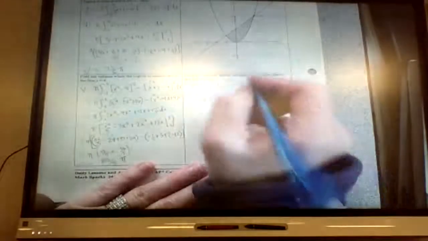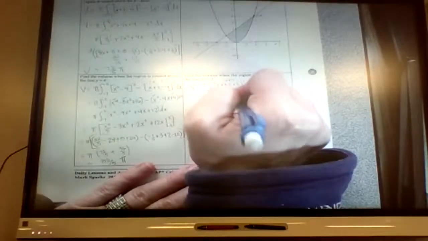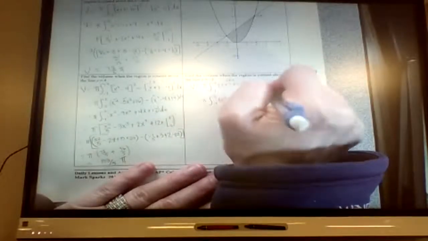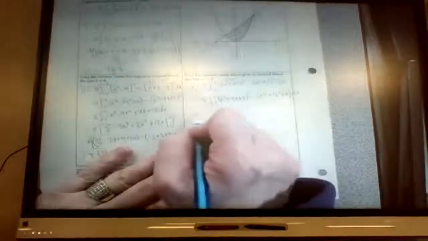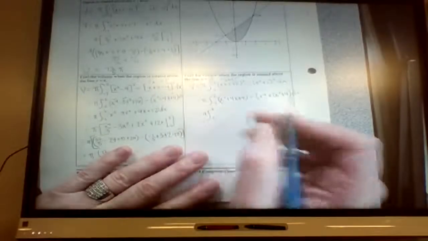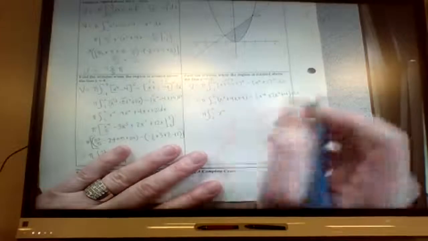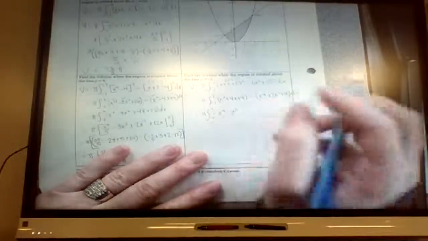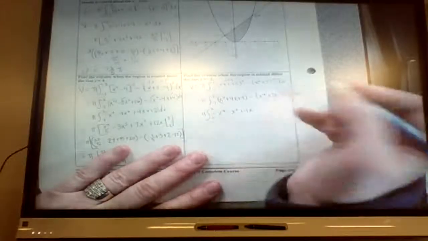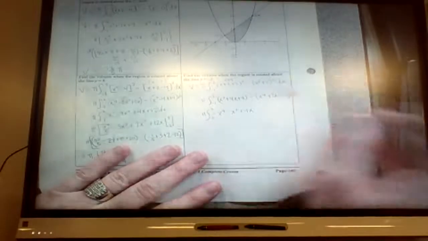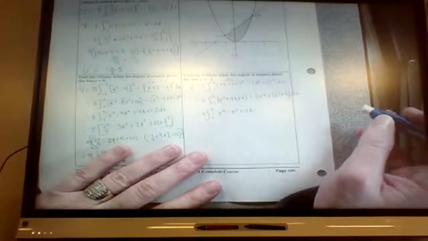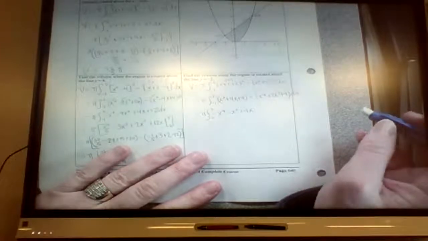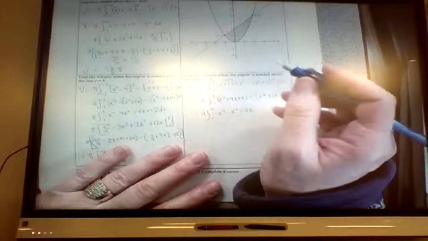So that's x plus 4. So let's just know that that should be 8x, not 4x.